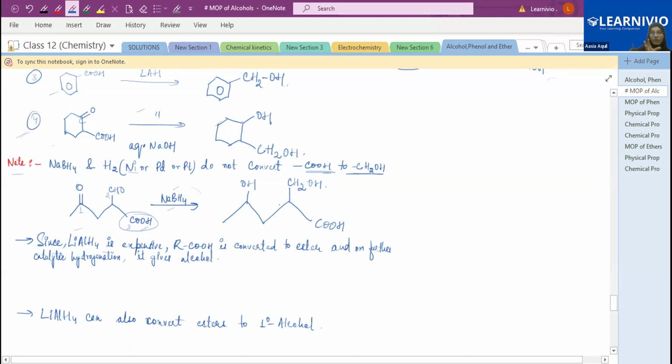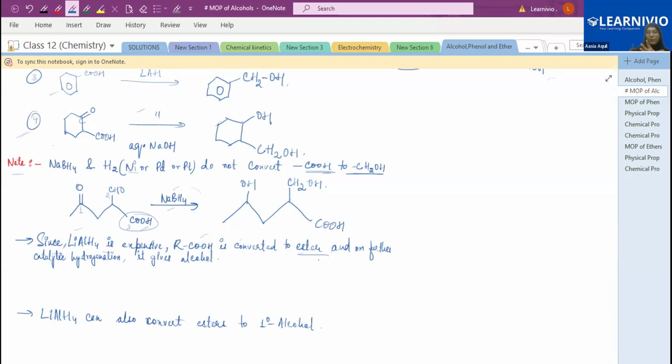So we first convert the RCOOH into ester, and this ester on further catalytic hydrogenation will give you an alcohol. Because lithium aluminum hydride is expensive, we follow a two-step reaction. If you add sodium borohydride, it will not reduce this carboxylic acid to your corresponding alcohol, right?